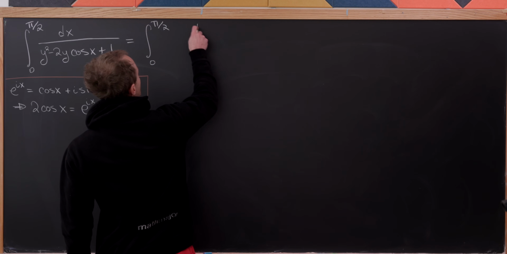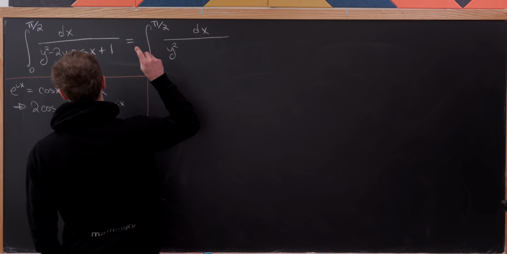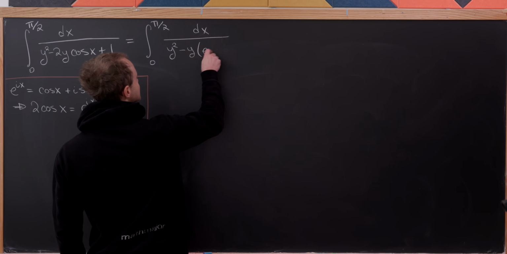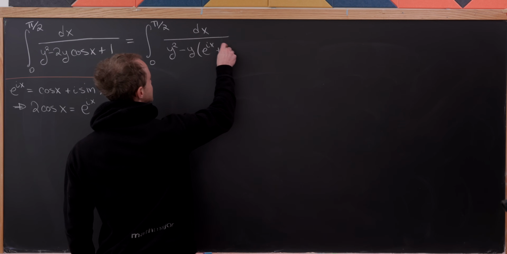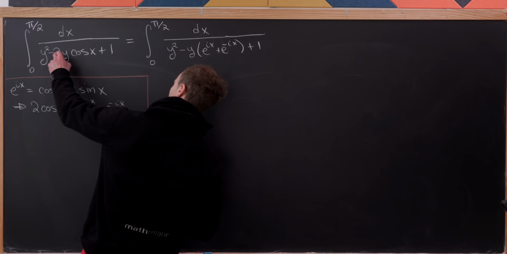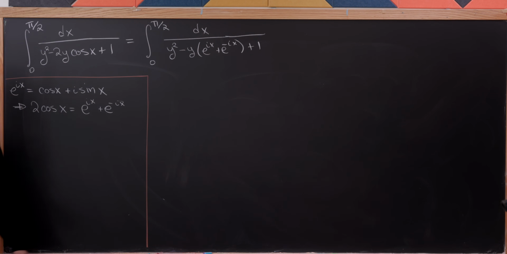Okay, so we'll have dx over y squared minus y times (e to the ix plus e to the minus ix) plus 1, where I brought this 2 to multiply into the cosine, just to use this in its simplest form.